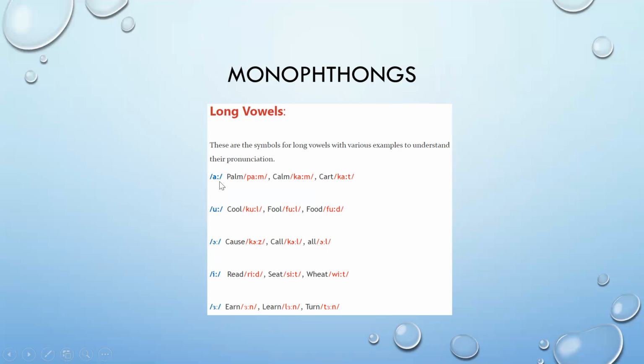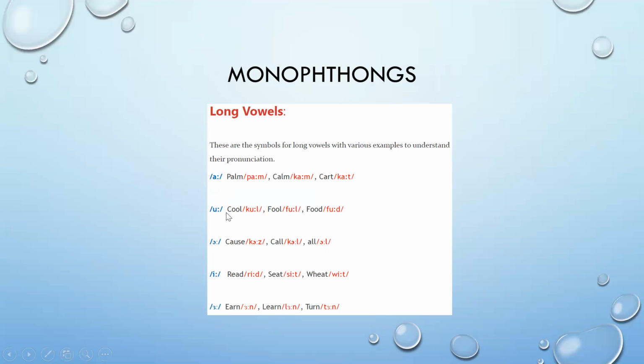The first long vowel sound is ah. The second sound is oo as in cool, oo as in fool, oo as in food.